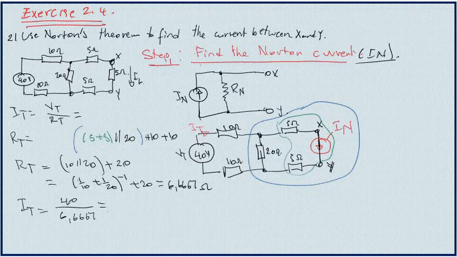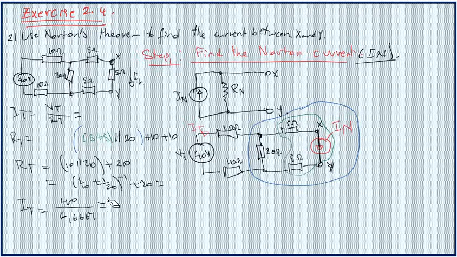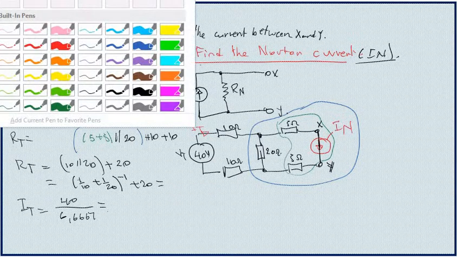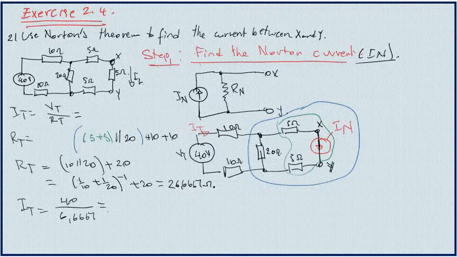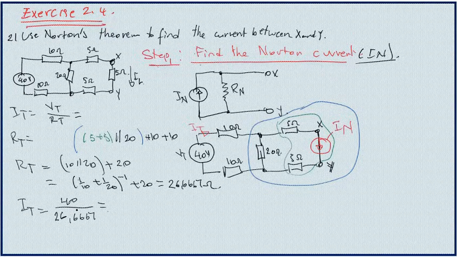So here I've realized that there is a typical mistake. We need to have 20 plus 6.666 and 7 ohm, so we also need to rectify this part.